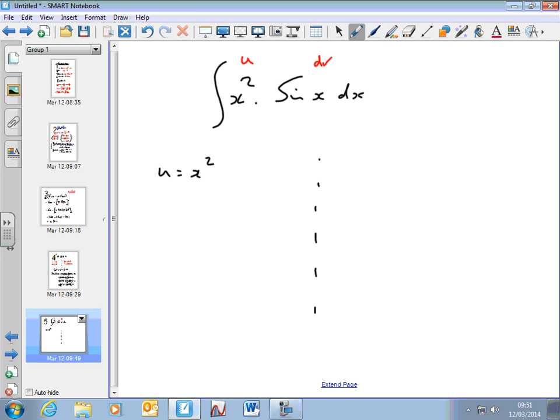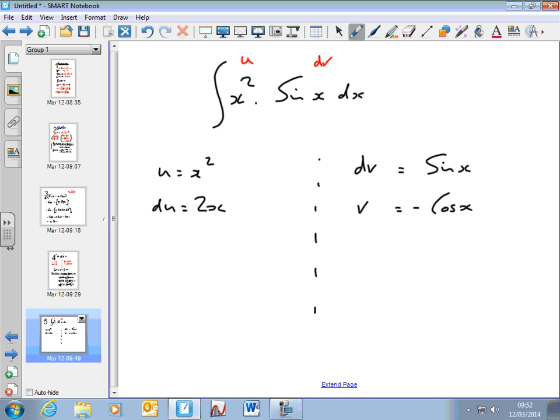The bit I call dv, I integrate. As a little aside, differential of u is 2x, the integral of sine x is minus cos x.